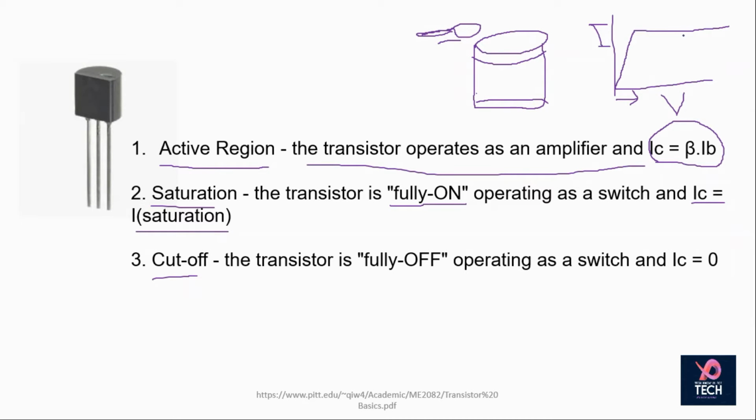So your device is saturated. There is no further increase in the output. This is the analogy: you are increasing the input, but there is no increase in the output. There is an increase in the input in the beginning only. Later on, there is no increase in the output. And cutoff means the device is not conducting. We will be discussing them in detail in the coming slides.